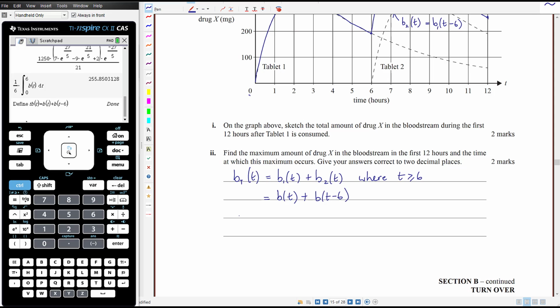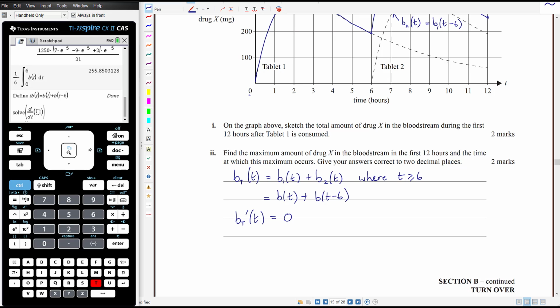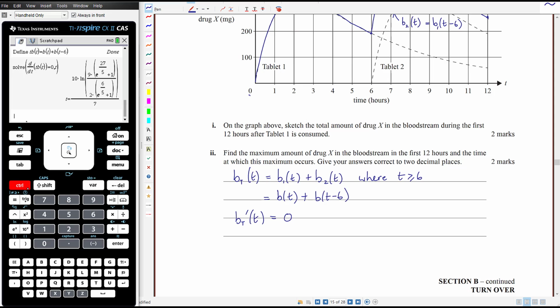So we want to solve the derivative, B dash T equal to 0. Menu 3.1, we're going to solve derivative with respect to T of TB of T equal to 0 for T. Control Enter, 2 decimal places.